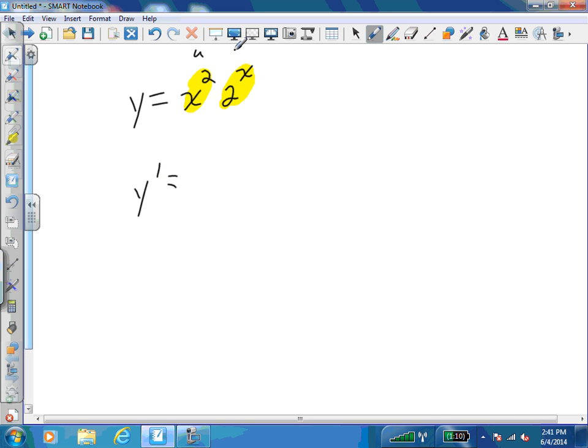We call that u, and that v is the derivative of the first one times the second one plus the first one times the derivative of the second one. So the derivative of 2 to the x is natural log of the base times 2 to the x times the derivative of the exponent, which is 1.